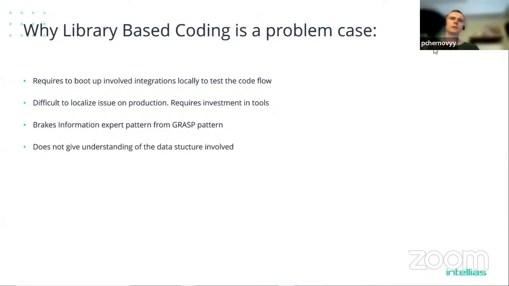While library-based coding is a problem case, it requires booting up involved integrations locally to test the code flow. So imagine that we have those previous implementations and wanted to just check if it works or not.